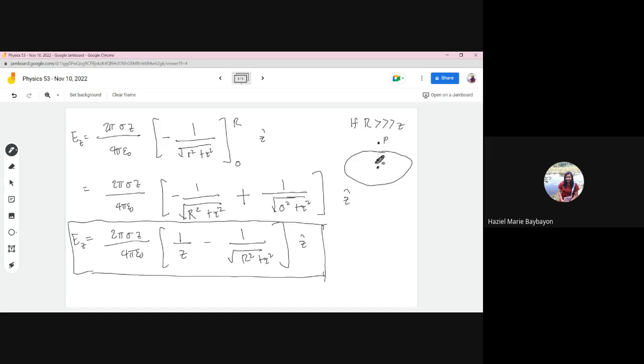Okay? So, what will happen? So, kini siya, this will approach to 0. 1 over the square root of r squared plus z squared will approach to 0.